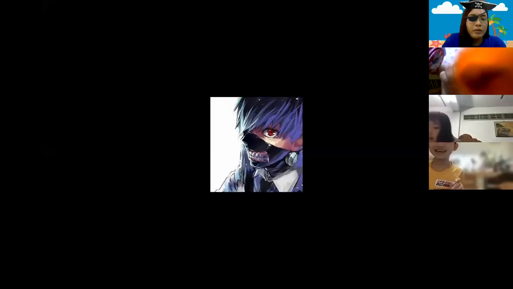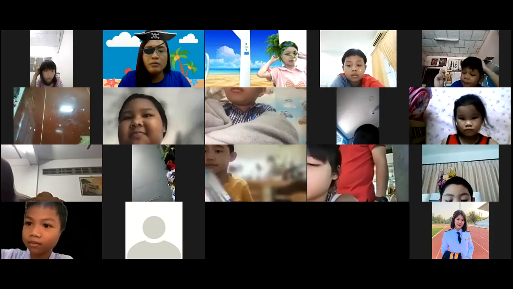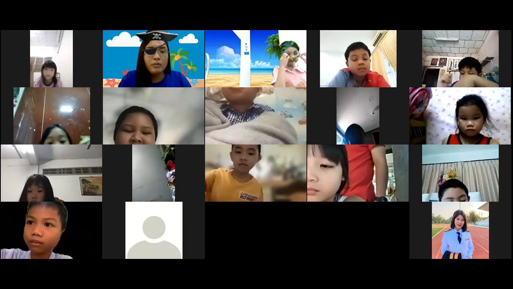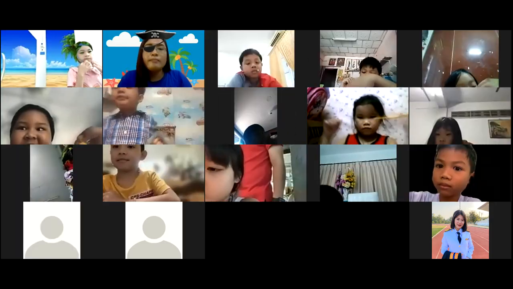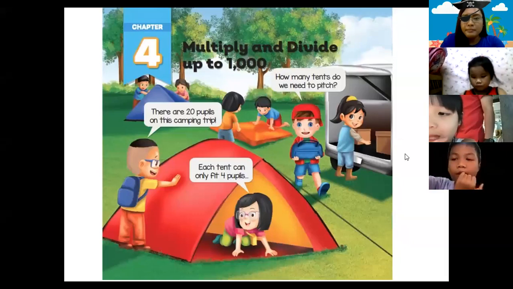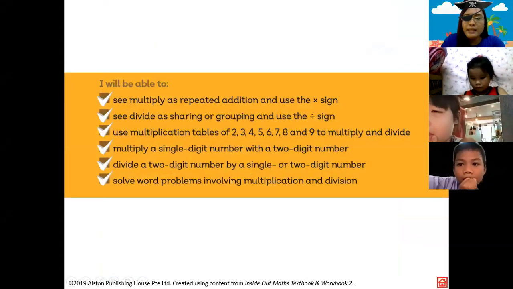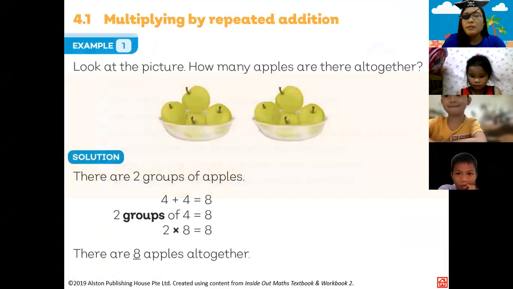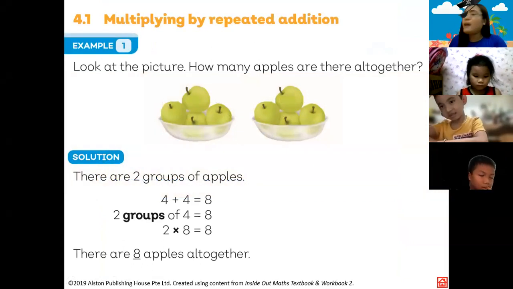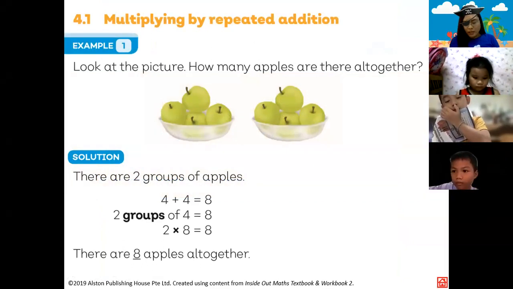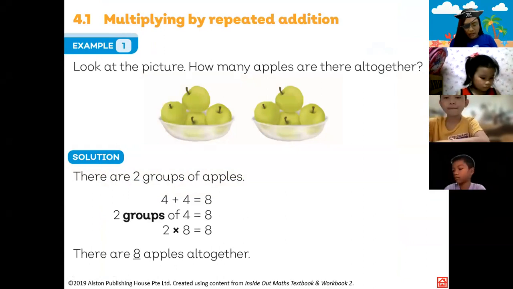Hold on, class. All right. So for those who have their math textbook, you can open on page number, let me check.